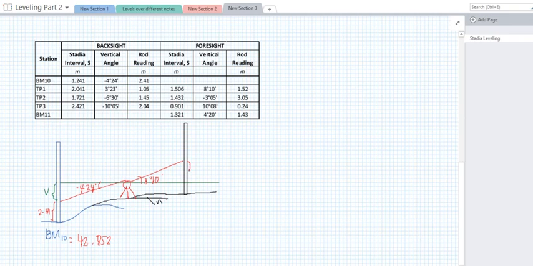This is the BB, and the rod reading of 1.52 meters.